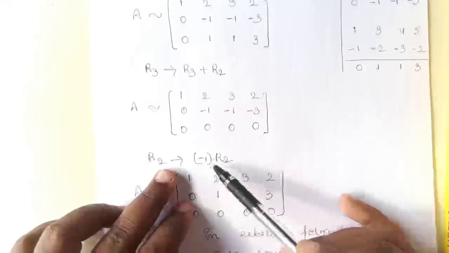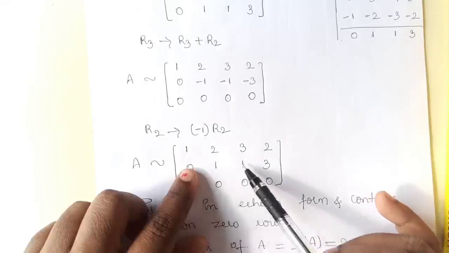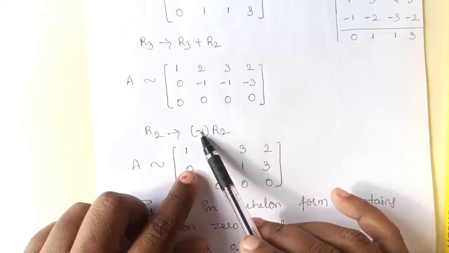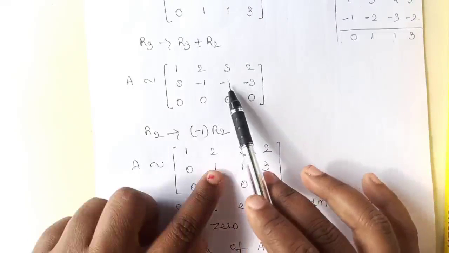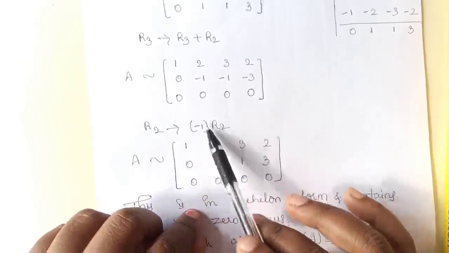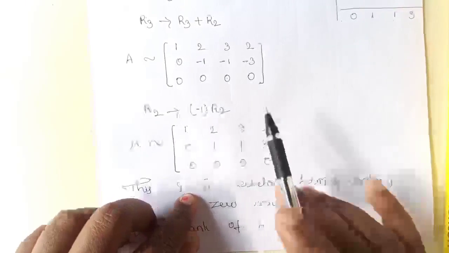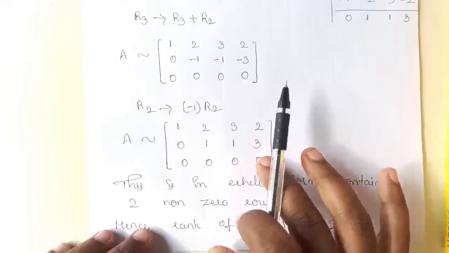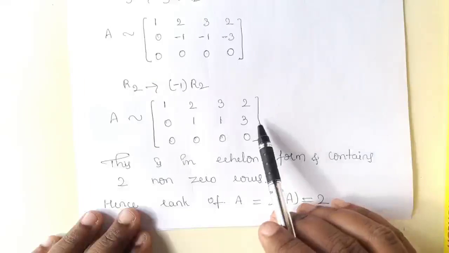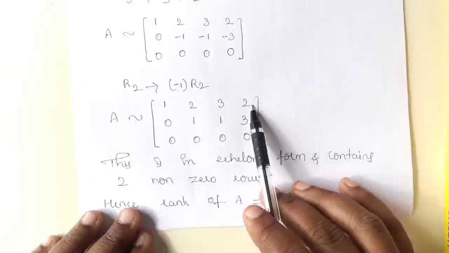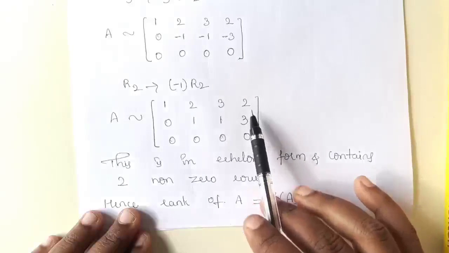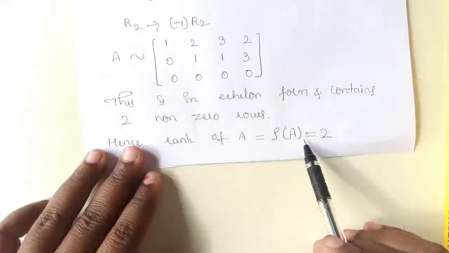Multiplying by minus 1 we get 0, 1, 1, 3, because minus 1 into minus 1 equals plus 1, and minus 1 into minus 3 equals plus 3. We can observe that now it is in the echelon form, and it has two non-zero rows, the first row and second row, therefore its rank is 2.